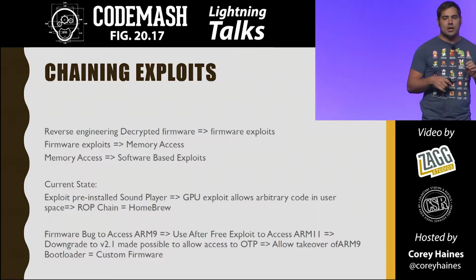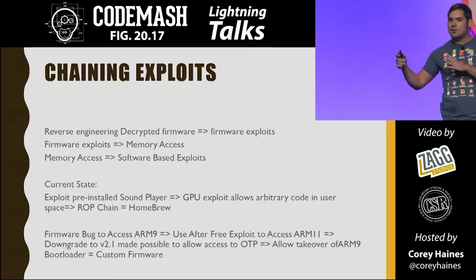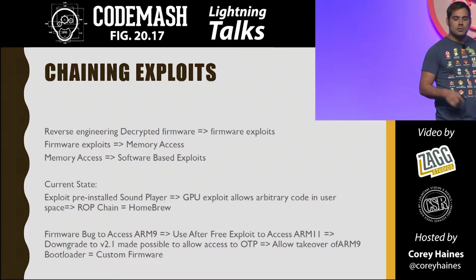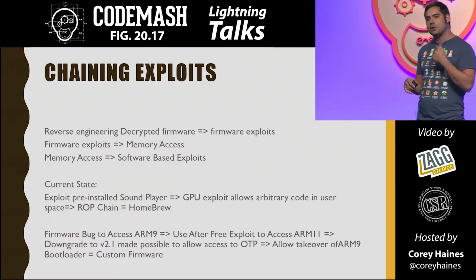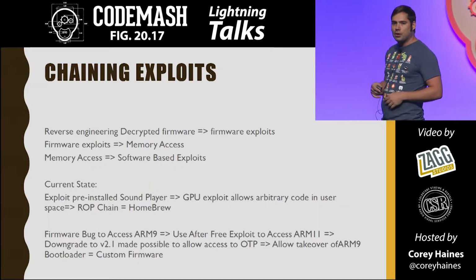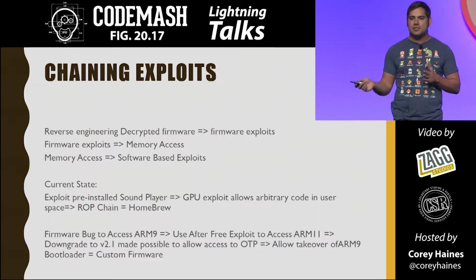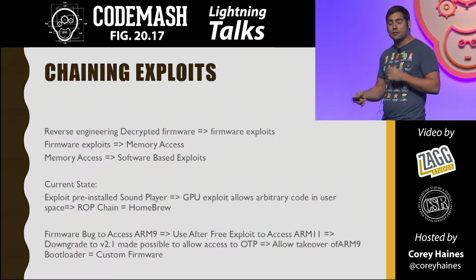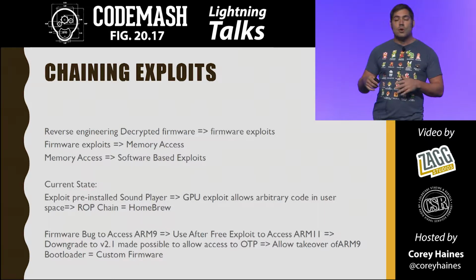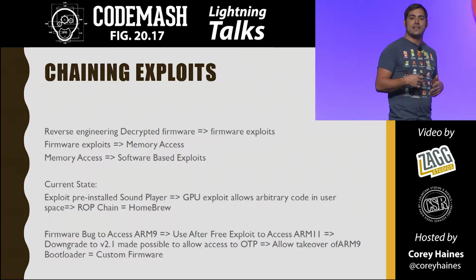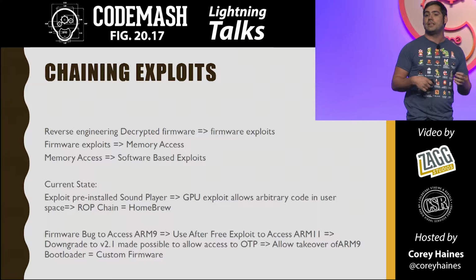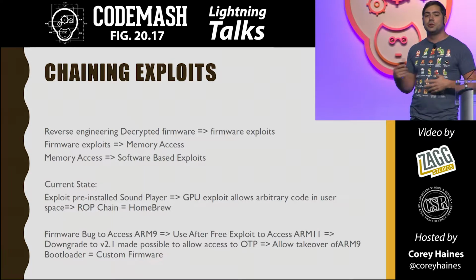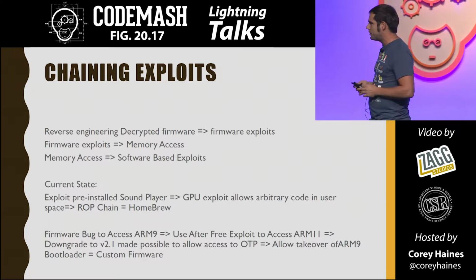You would first want to try to go for a firmware exploit, and in this case, that was the first thing that happened. Once you have that, you can analyze that firmware in something like IDA Pro, and you can see exactly where the syscalls are being called, and you can look at memory access exploits once you've got yourself a running firmware exploit. With access to memory, you can look at ways to create new entry points based on games that you're putting inside the console, doing things like buffer overflow attacks and that sort of thing.